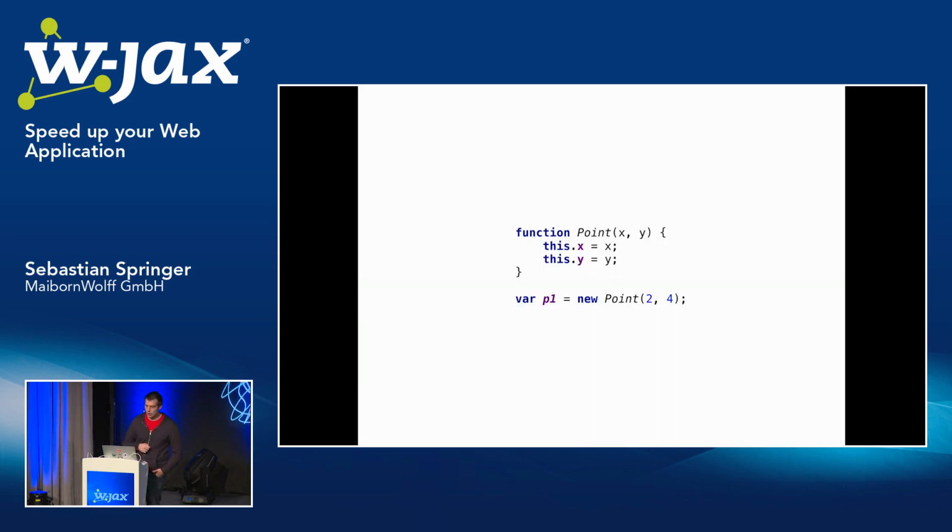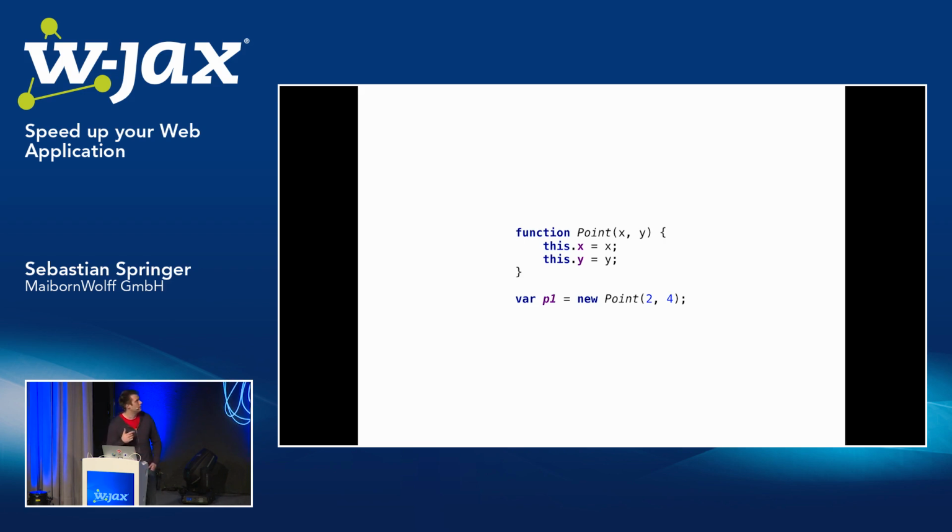Under the hood, all the objects are just object structures, and you can use a kind of class-based structure in JavaScript, which is known as the prototype style of JavaScript, because JavaScript is not class-oriented, but prototype-oriented.